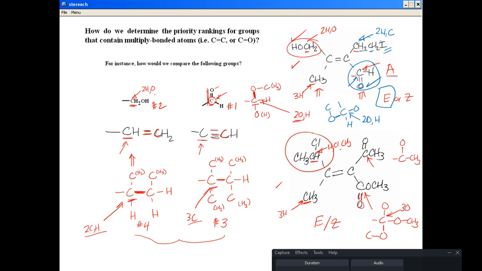Carbon-oxygen double bond, 1, 2 carbon-oxygen single bonds, and then for the oxygen double bonded to carbon, OC single bond. What's this carbon got attached to it? 2 O's and a C. So 2 O's and a C versus 3 O's, who wins? 3 O's wins. So this molecule is also E because they're opposite.